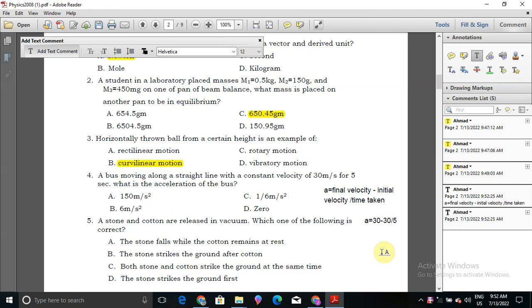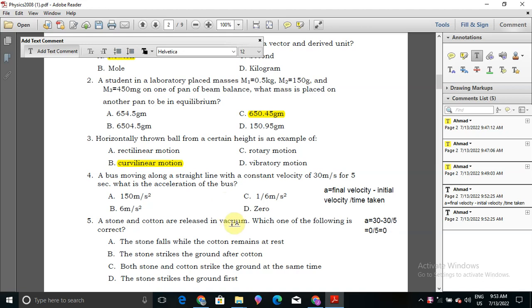That means it is equal to what? 0 over 5. And when it is 0 over 5, that means it is equal to 0.